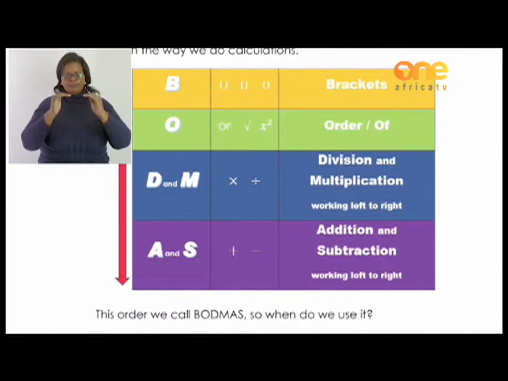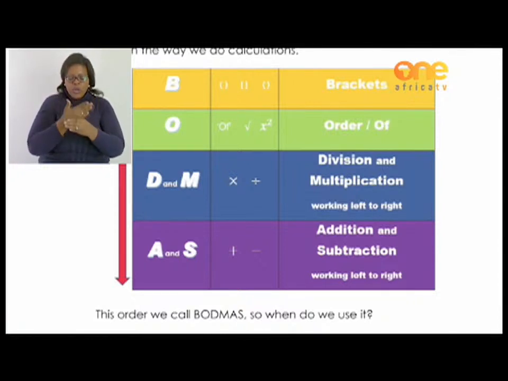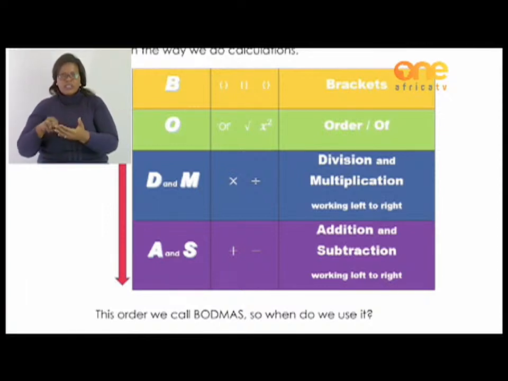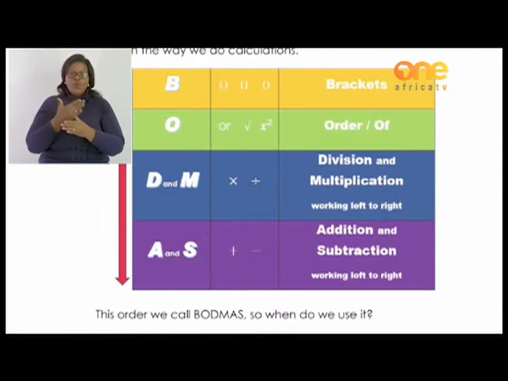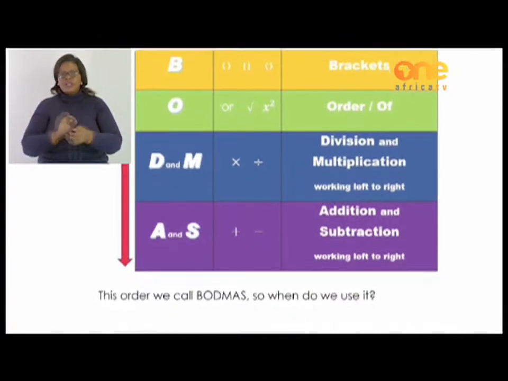Then D and M is for division and multiplication. We're working from left to right. Lastly, we will do addition and subtraction, also working from left to right. So the order of operation is called BODMAS.